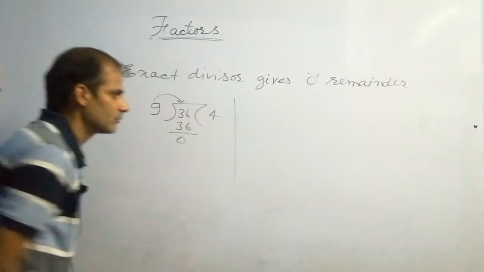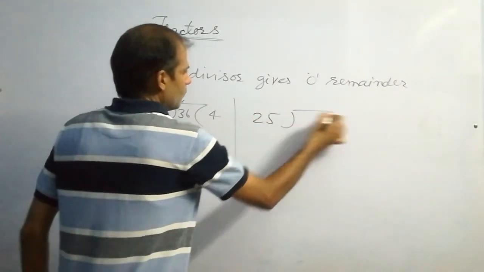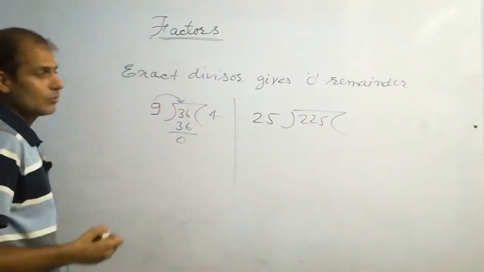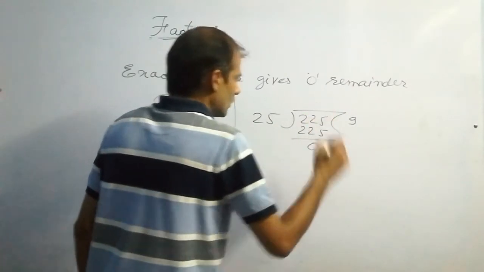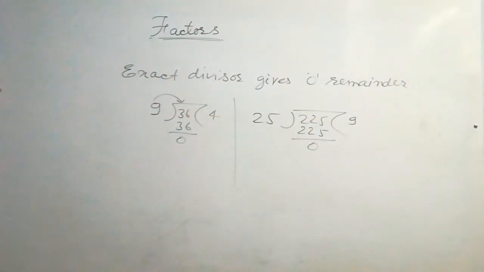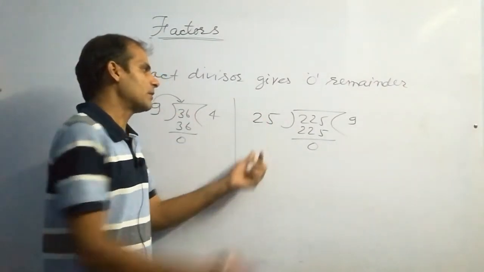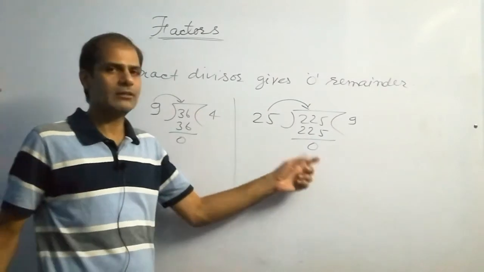It doesn't matter the numbers are smaller or bigger. Again you can perform this. If you perform this division, 25 9 ja 225 and the remainder is 0. In this way you can say that 25 is the factor of 225 because the remainder is 0.